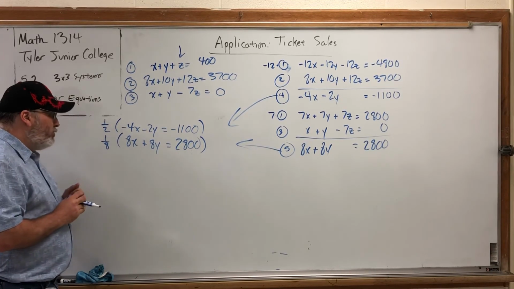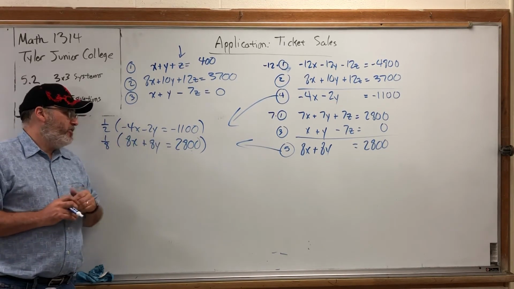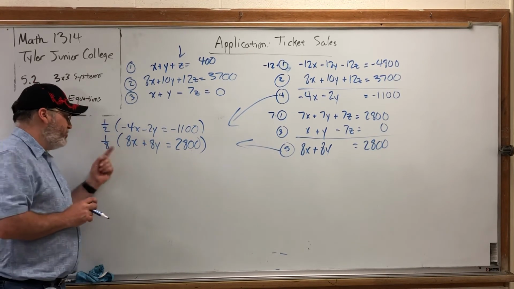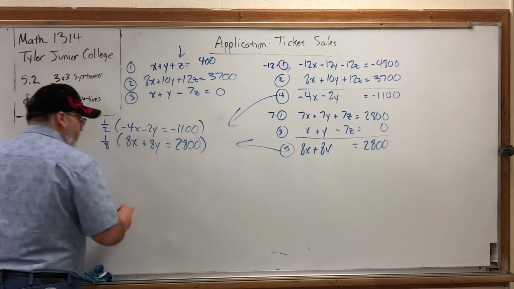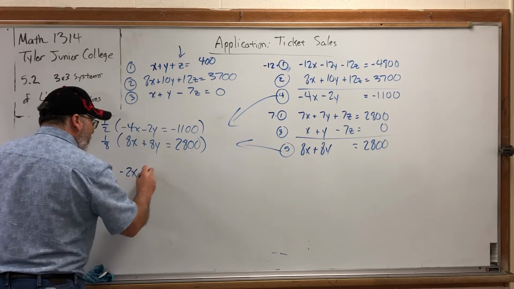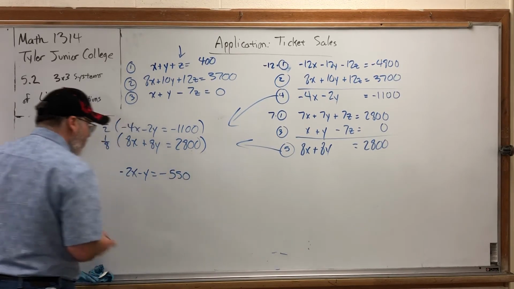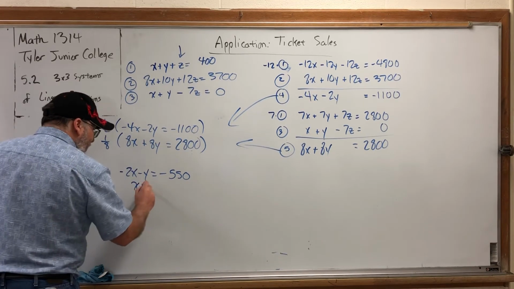Normally I wouldn't recommend doing this, but I just scanned every equation, and every coefficient in the first equation can be cut in half cleanly, and it may not be obvious, but every coefficient in the second equation can be reduced by 1/8. If I take half of the first equation, I'll get negative 2x minus y equals negative 550. And if I take 1/8 of the second equation, I get x plus y equals 350.